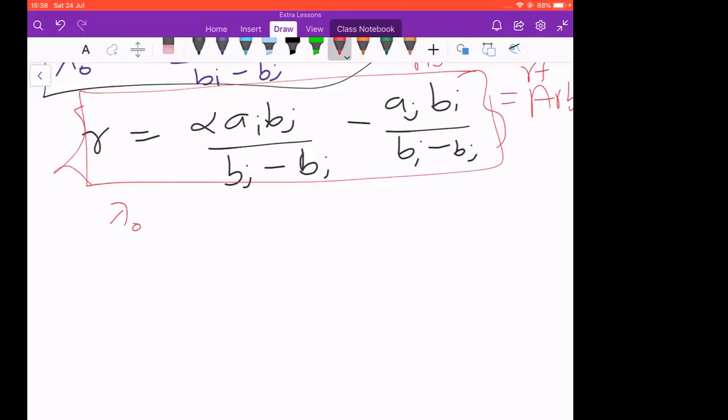So if our lambda is equal to the risk-free rate, you can write our lambda as equal to alpha ai, or you can actually put negative. Sorry.